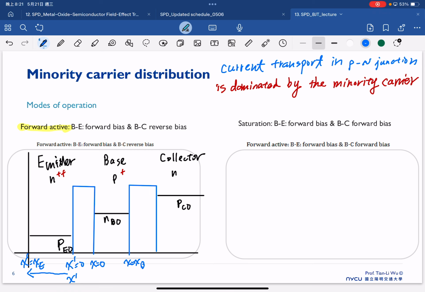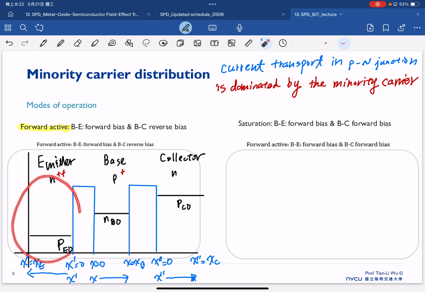So this is the x coordinate in this direction, and we can also have x double prime equal to 0, and then x double prime equal to xc. So that's the x double prime coordinate in this direction. The reason we have to consider coordinates here is that now we will plot the minority carrier distribution of each region.